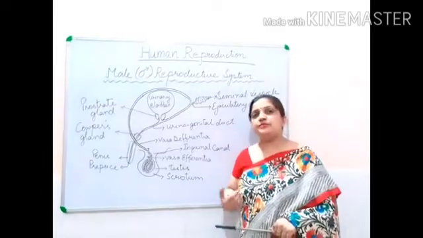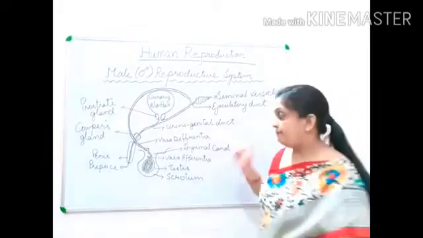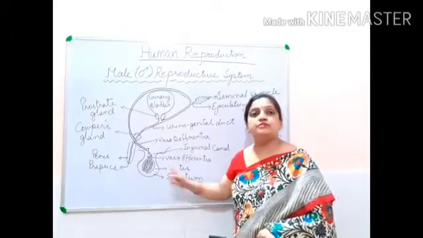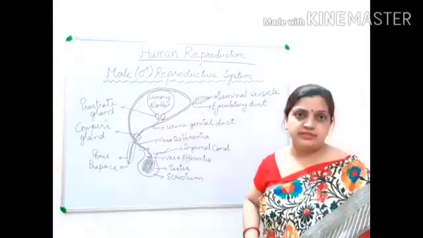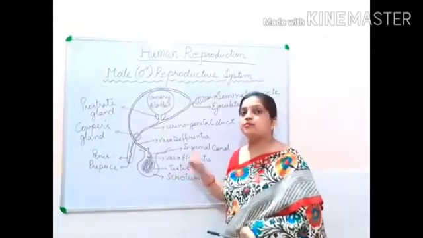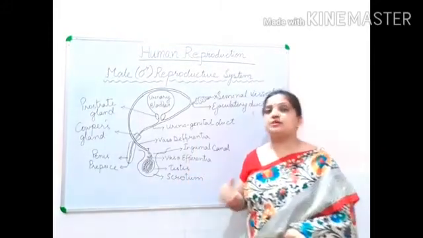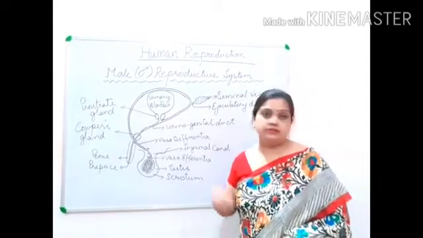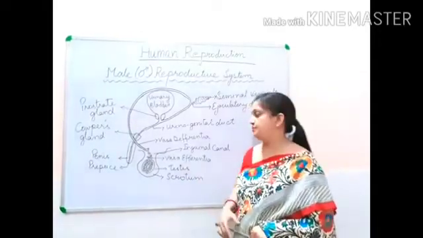A normal temperature of the body is 32 to 35 degrees centigrade, which is very high for the development of sperms. Sperms require only 2 to 2.5 degrees centigrade lower temperature, and the development of sperms can only occur at that temperature. Otherwise, the cells which are responsible for the development of the sperms will not function properly, will not divide, and the sperms will not be produced.